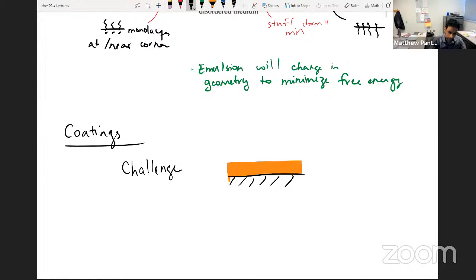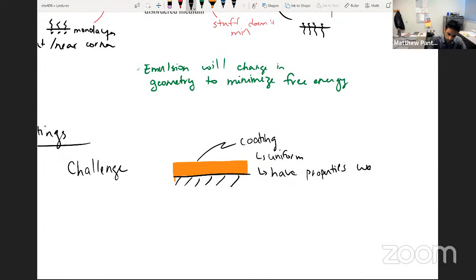And we want this coating to be uniform, and have whatever properties we want. This can include color and opacity. This can be certain chemical properties that we want.